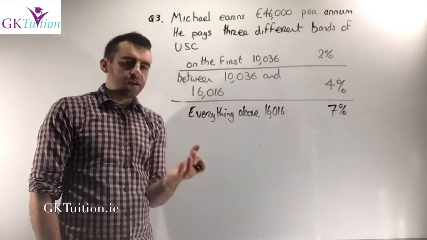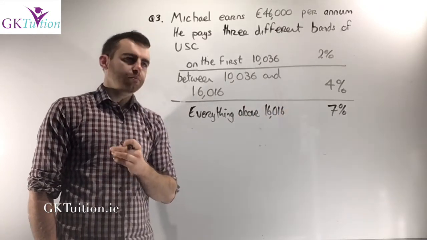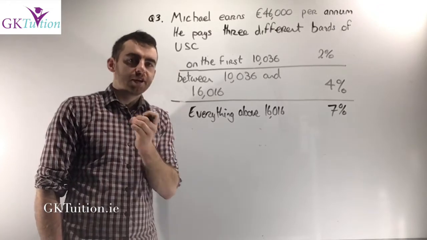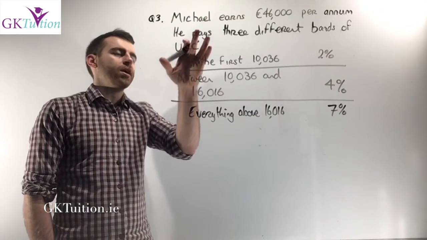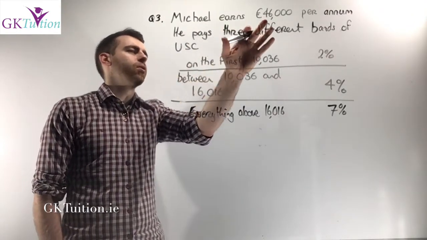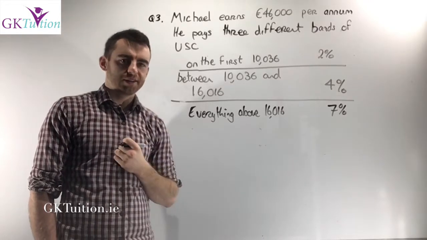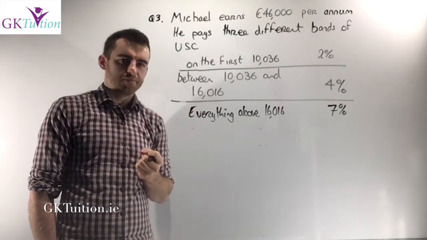While on everything above 16,016, he's going to pay 7%. So we're going to do this one very similar to the income tax. It's just that there are 3 different bands rather than 2. In this case, we're told that Michael earns €46,000 per annum and he pays 3 different bands of USC. We're asked to calculate the amount of USC he needs to pay.